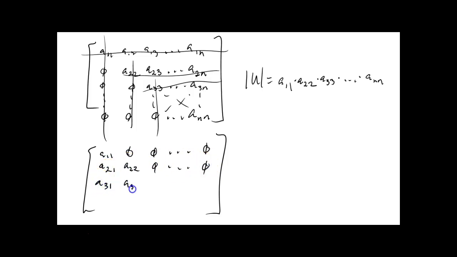A31, A32, A33, and then all zeros to that one. Okay? Dot, dot, dot to AN1, dot, dot, dot to AN2, dot, dot, dot to AN3, and dot, dot, dot, until finally you get to ANN. Okay? And if you're doing the determinant of this one, what would be your logical choice?